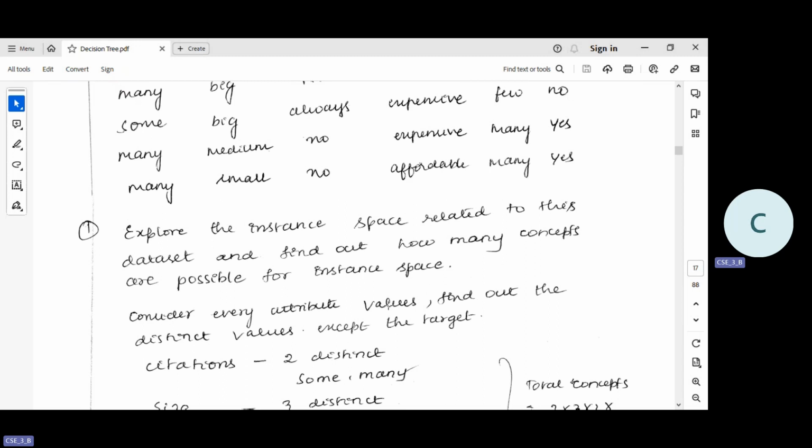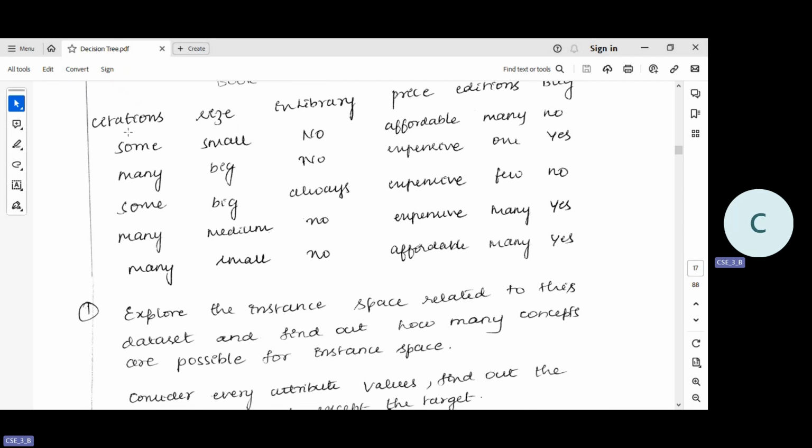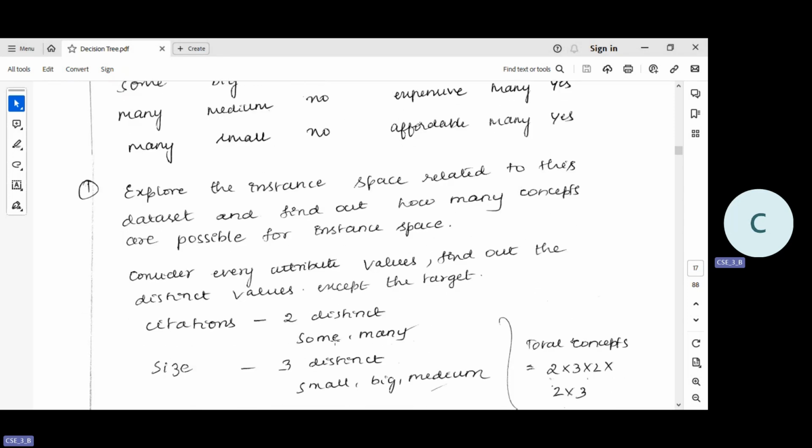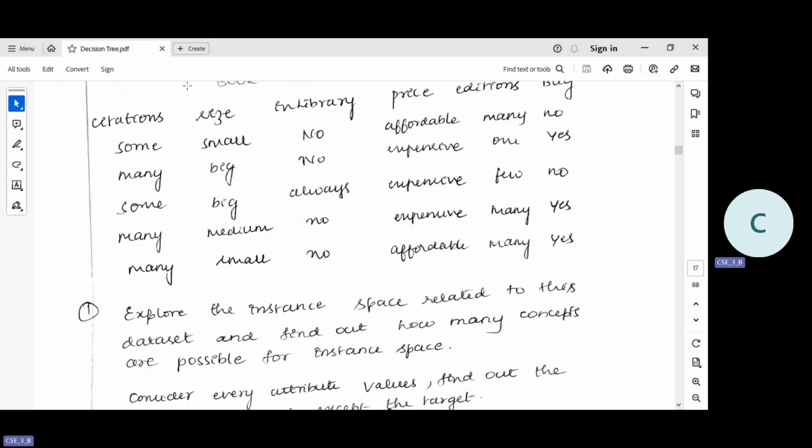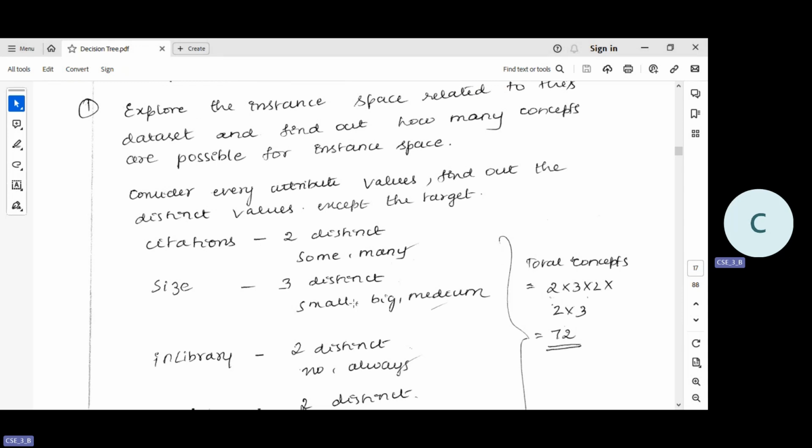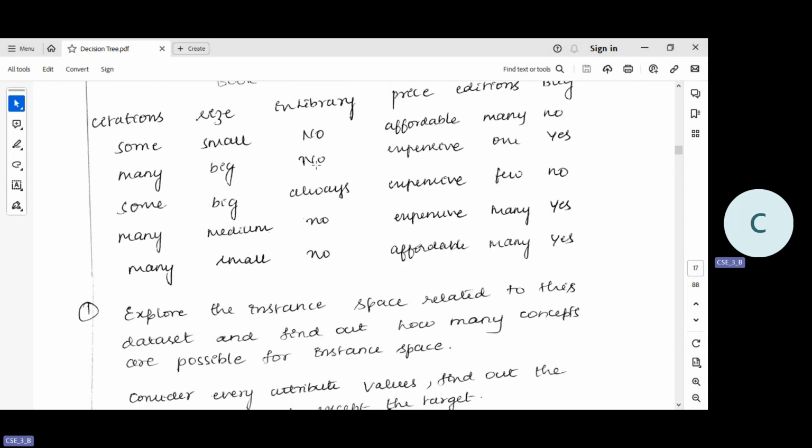Consider every attribute and find the distinct values except the target. For example, citations has two distinct values, some and many. Size has small, big and medium, which is three distinct values. In library again has two distinct values.